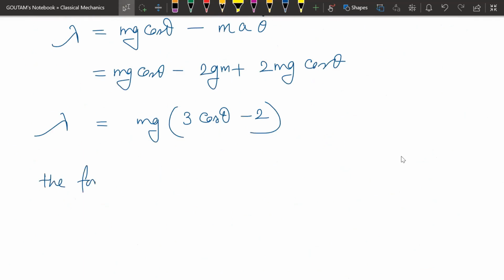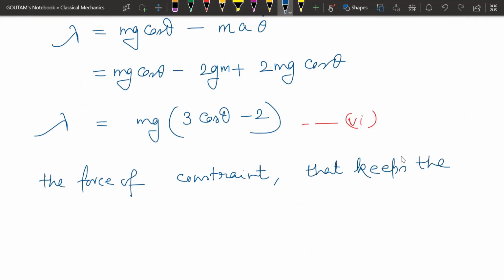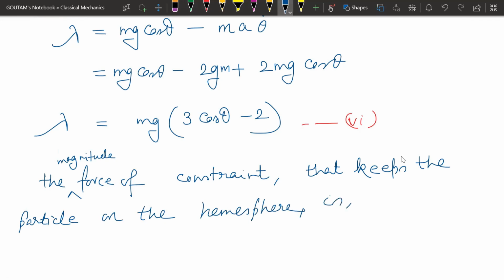Let's call this equation 6. The force of constraint that keeps the particle on the hemisphere is F constraint equals lambda del F del r, which is equal to lambda.